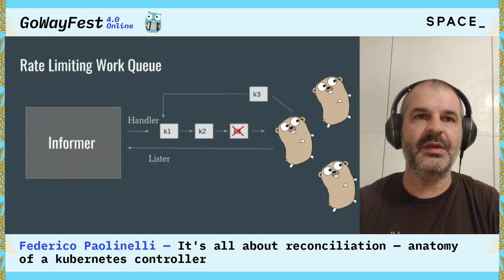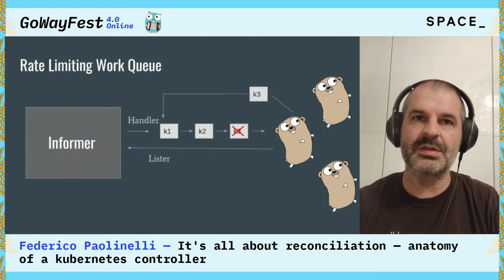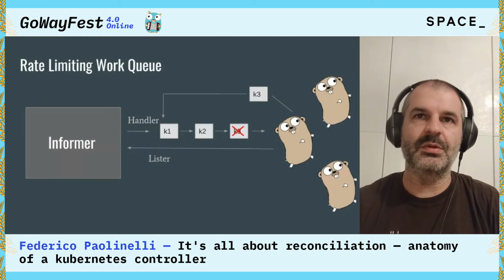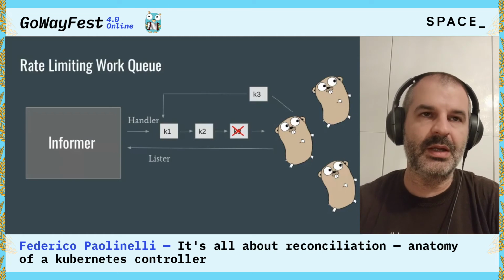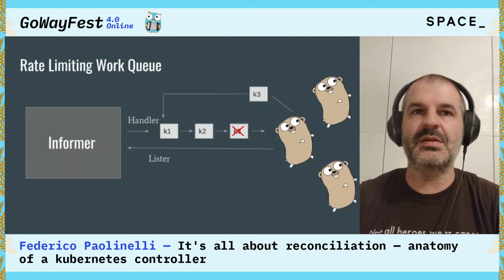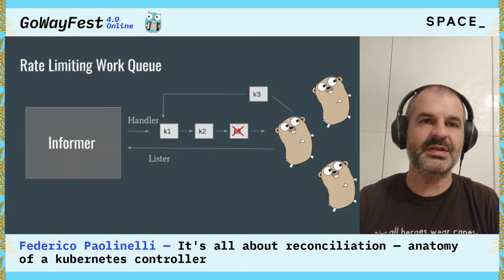So, for example, if an element fails to be processed when it's getting consumed, then what you can do is to put it back to the queue, and then after some time it will be processed again. And this is useful for failures for configs in the etcd, for example, as I said before.